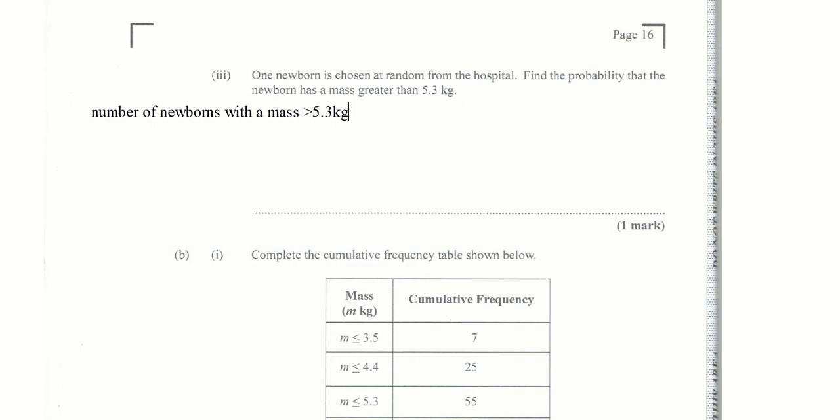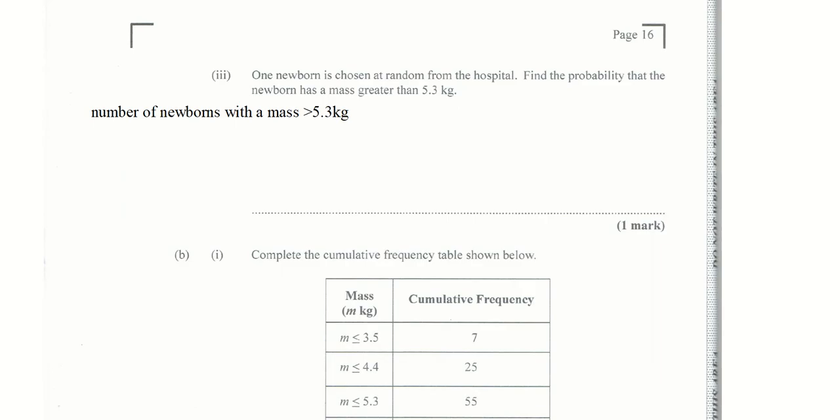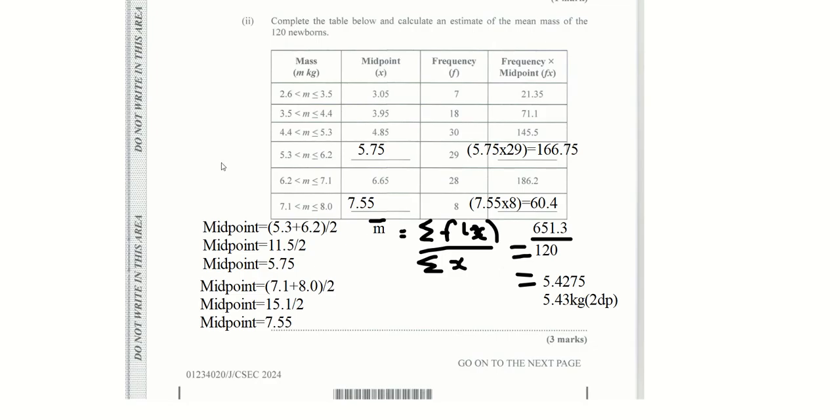So we're going to look back at our table that we have. What is the frequency that is more than 5.3? Greater than 5.3.